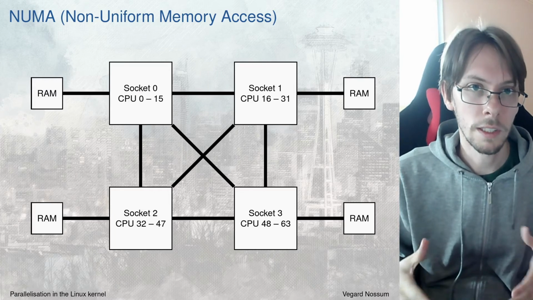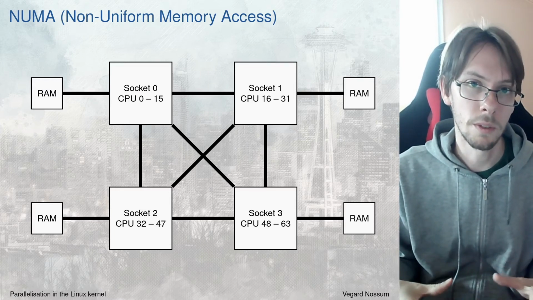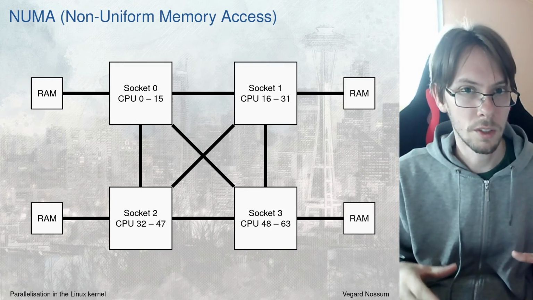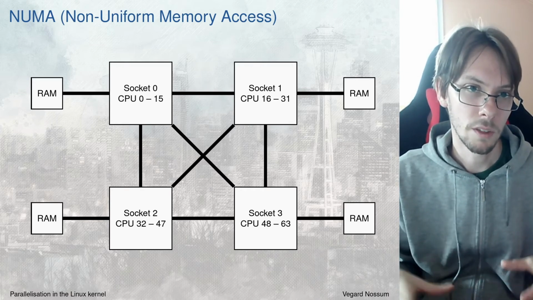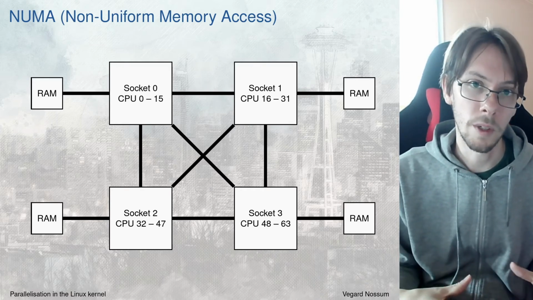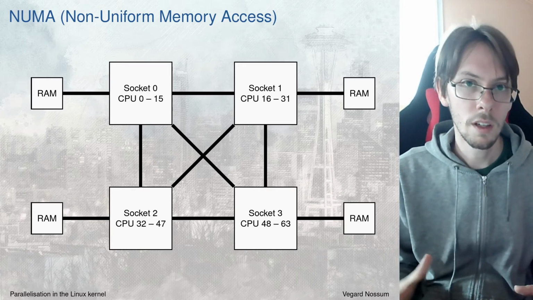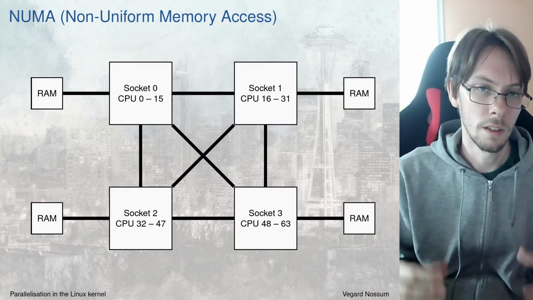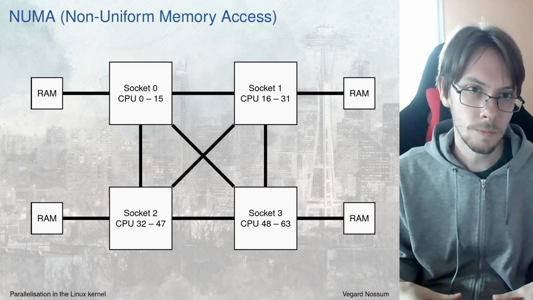So just to talk a little bit about NUMA, for computers that have a lot of CPUs, you typically split them into sockets. And this is actually the number of physical sockets on the motherboard. So each socket has access to its own memory and its own cache and all of that. But each socket also has a connection to other sockets, which will allow it to access all the memory in the machine.